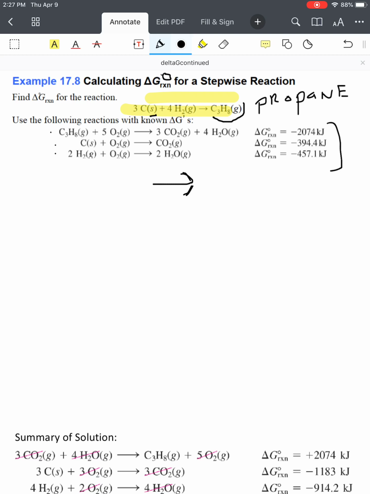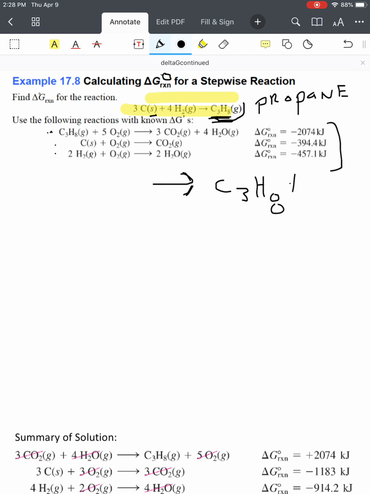So when I start to think about combining reactions, such as these 3, I need to line up the chemicals where they belong. The first thing I notice in this first reaction, the combustion of propane, is that the C3H8 is on the wrong side. In my desired reaction, that's just a product. But in reaction number 1, the C3H8 is a reactant. So right off the bat, I know that I'm going to have to reverse that reaction.